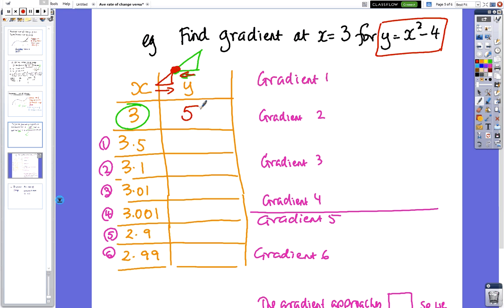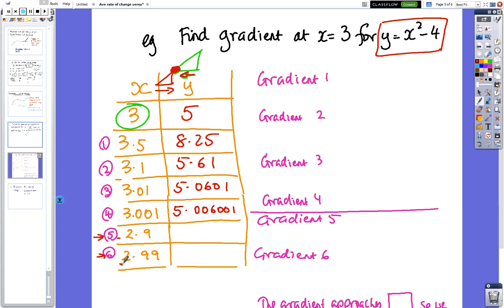Then 3.5 squared minus 4 is 8.25. 3.1 squared minus 4 is 5.61. 3.01 squared minus 4 is 5.0601. 3.001 squared minus 4 is 5.006001. Getting smaller, but still getting closer.